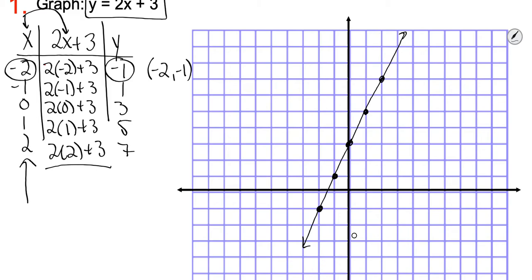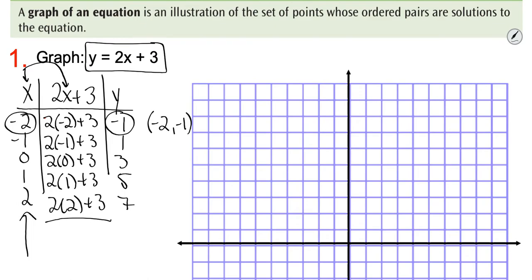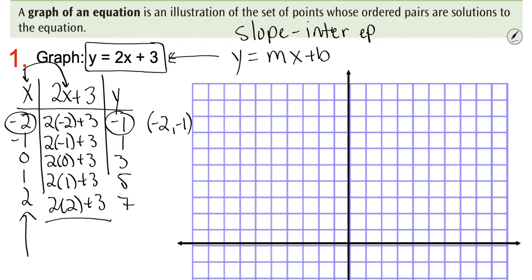Now I'll show you the other way that you might remember from geometry or previous algebra classes. This is written in slope-intercept form. Slope-intercept form is y equals mx plus b, okay? And there are some characteristics of this that will help you graph it.